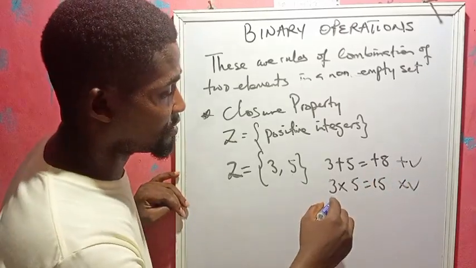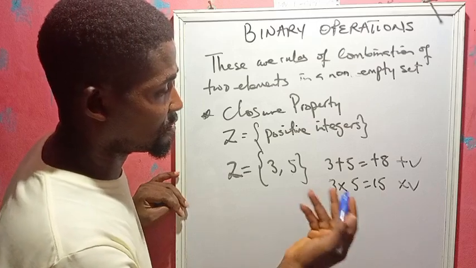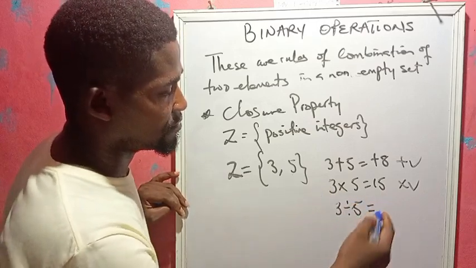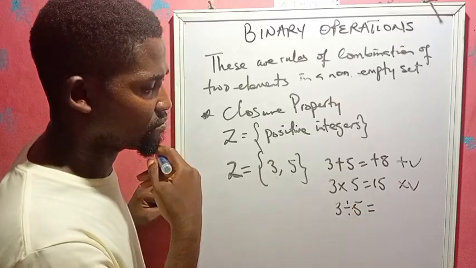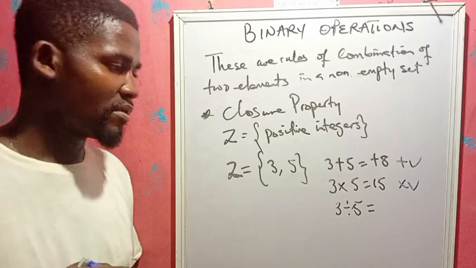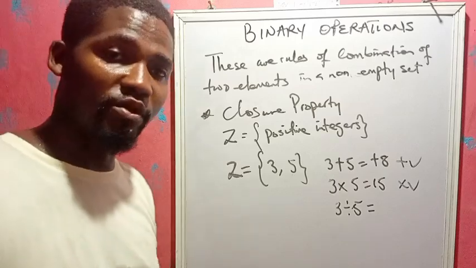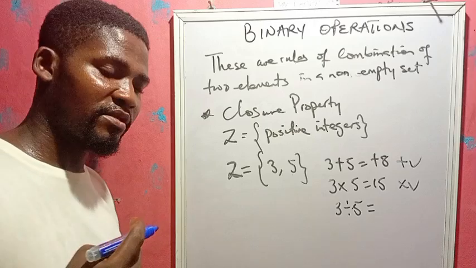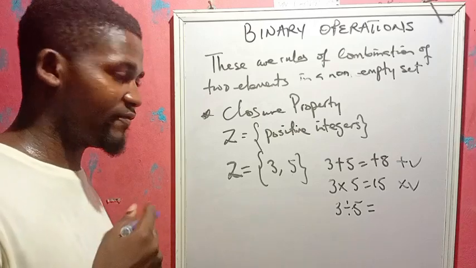If we look at division, 3 divided by 5, this is not really closed because the integers should be whole numbers. So we cannot really say it is closed under division.